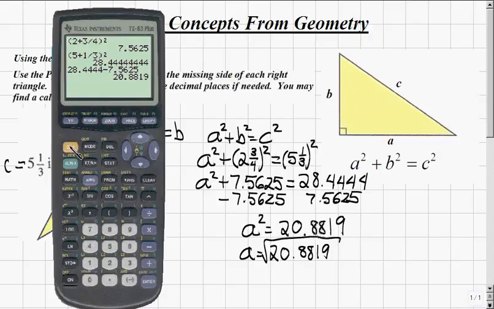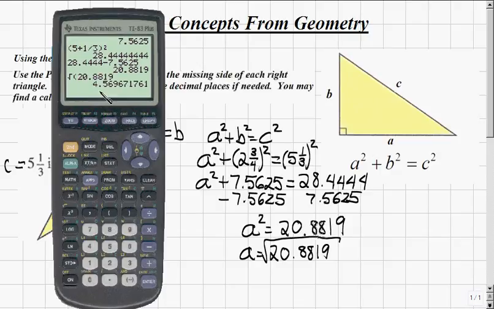So by hitting second and then square root of 20.8819 and hit enter, we get 4.5696, but rounded to 3 decimal places would mean that we're going to round the 9 up, which means we're also going to round the 6 up. That means that a will become 4.570.